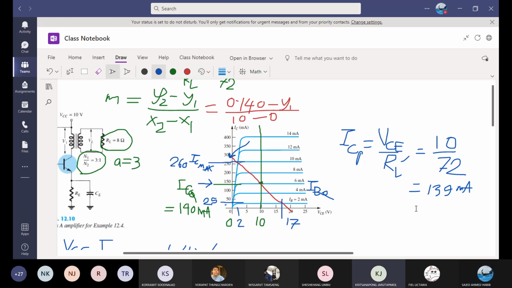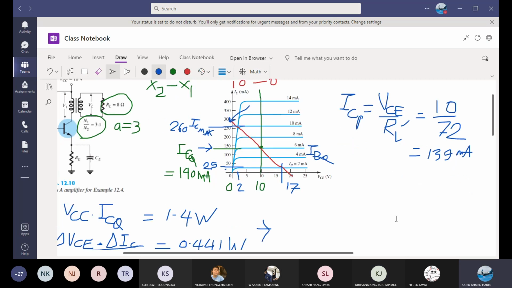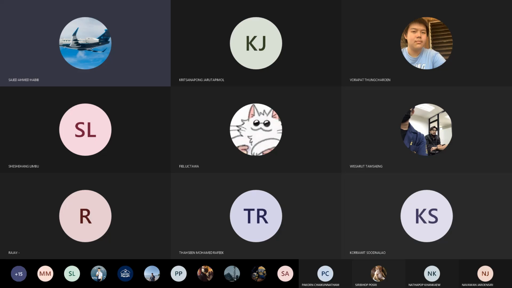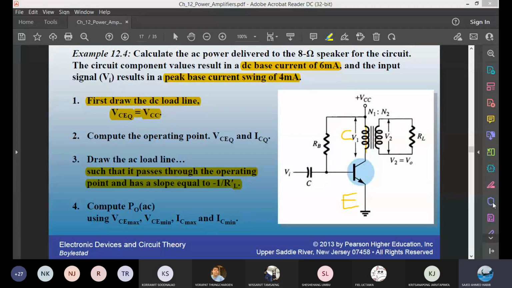I'm gonna take a look again. Yes, please, everyone, example 12.4 is a very important one. It tells you all the steps of a transformer coupled class A amplifier. That's why I like it, because it shows you so many skills that you can gain by solving this problem. Now I'm back to the lecture slide.